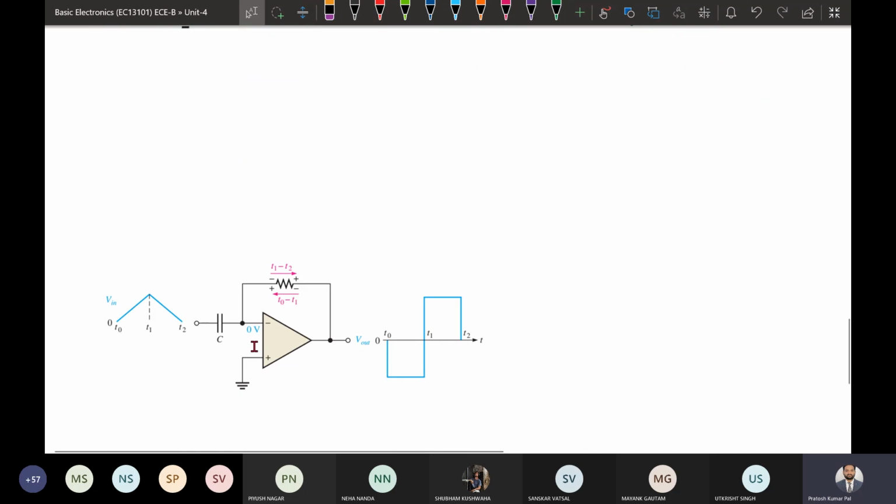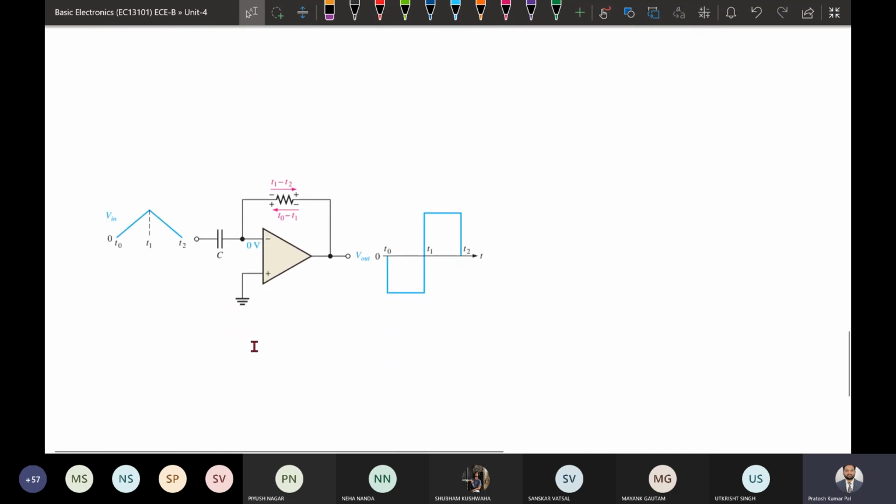Next is again an example given here, of how we can implement this. Suppose a triangular wave is given, then how will we get the output? In case of a differentiator, we have an input that is changing between T0 to T1 and then T1 to T2. Between T0 to T1 it is going in the positive direction, that means it has a positive slope.